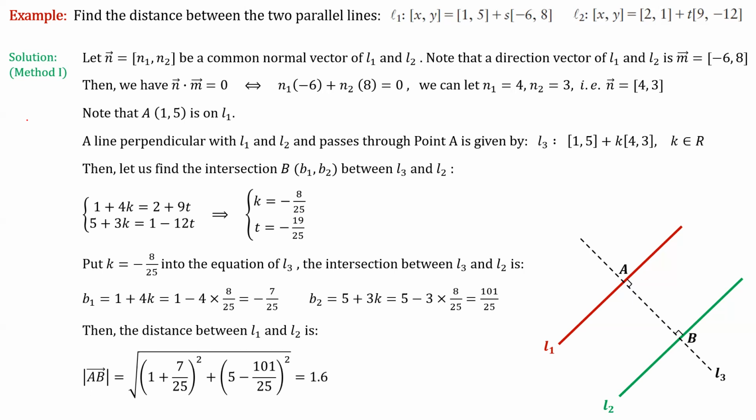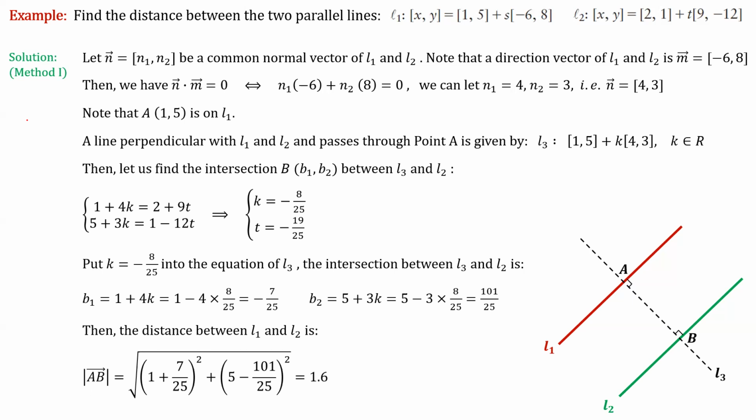So we can put k equals -8 over 25 into the equation of L3. Then the intersection between L3 and L2 is given by B1, which is 1 plus 4k equals 1 minus 4 times 8 over 25 equals -7 over 25.